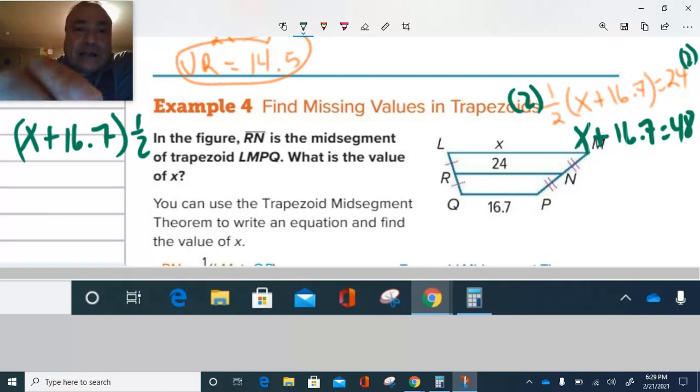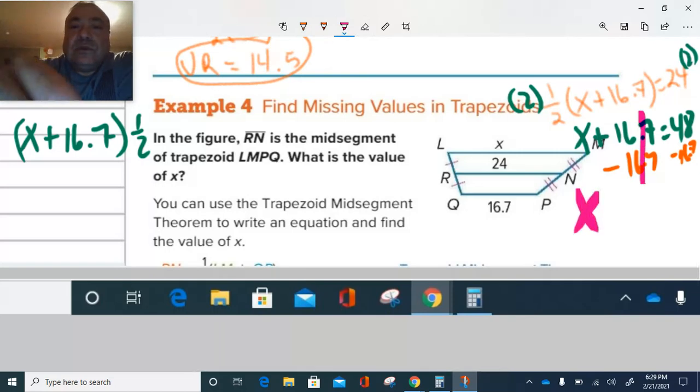Now I'm going to subtract 16.7 from both sides, and I'm going to cancel this out. And I'm going to get X equal to, let me see, what do I have here? 48 minus that, I think it will be 31.3, I think. I don't know, guys.